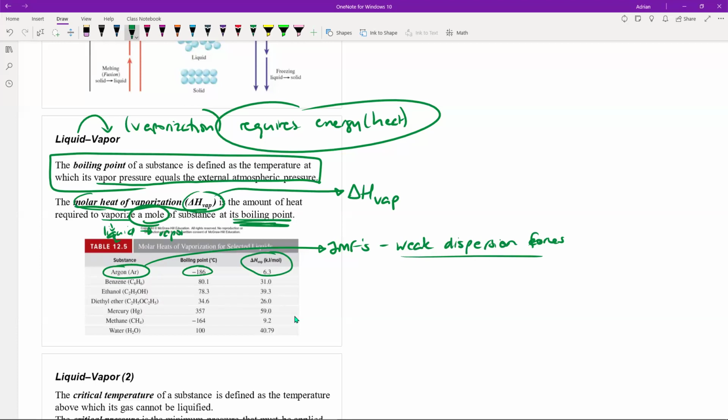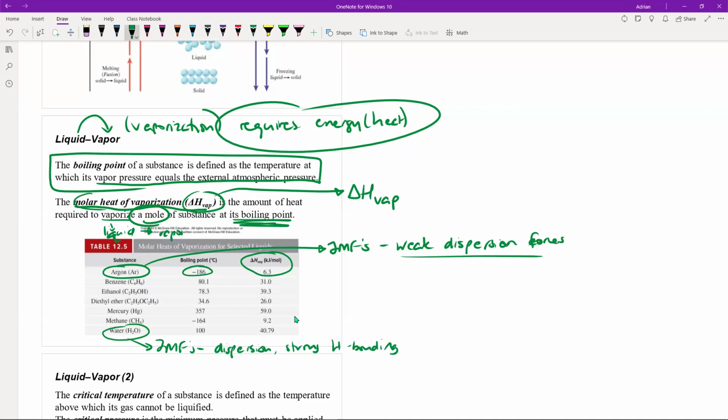If you compare that to something like water, H2O, water, as we know, not only has dispersion forces, which are present between everything, but also very strong hydrogen bonding forces.